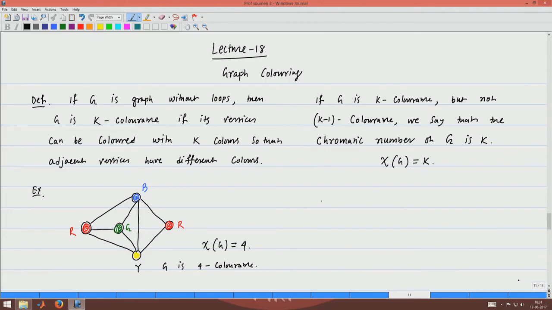Okay. So, we characterize the graphs with chromatic number 1.